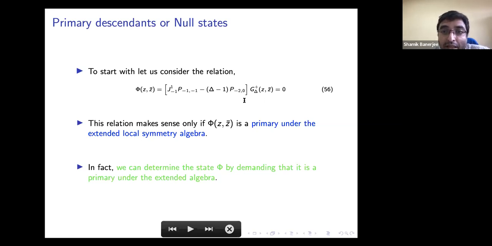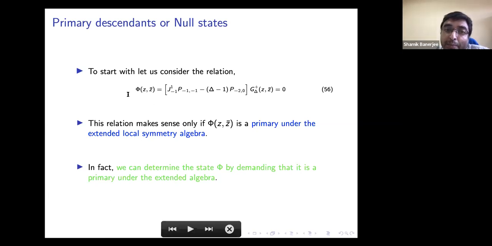So for example, let me take this primary descendant, phi z z bar, which has this form. We know that in order to make sense, this phi has to be a primary under the extended local symmetry algebra. That means the SL2 bar current algebra and the super translations.